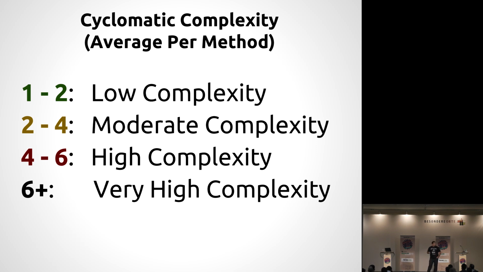Reduce the overall complexity. So when we look at the average per method, 1 to 2, that means the average complexity of a simple code base will have 0 or 1 if statements per method. But this is abstract. Let's look at some real code, and let's look at some real packages.